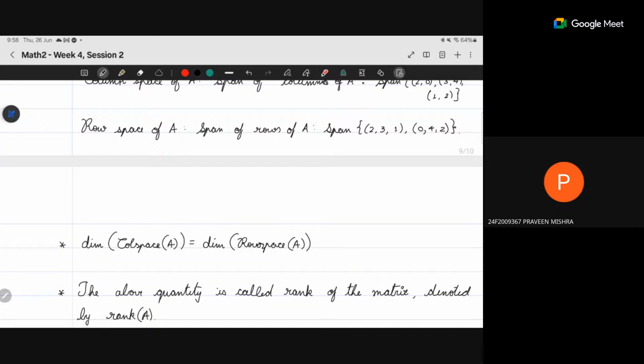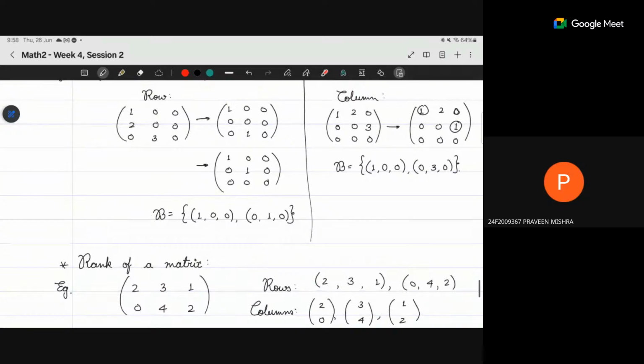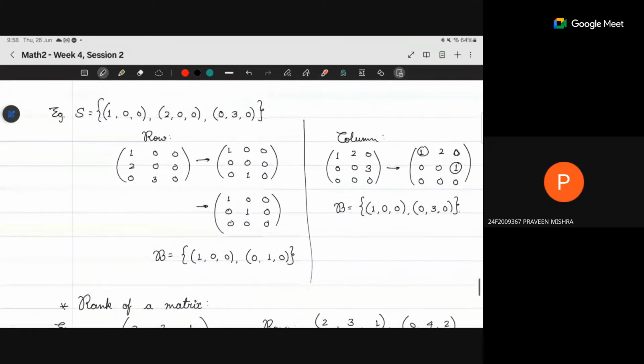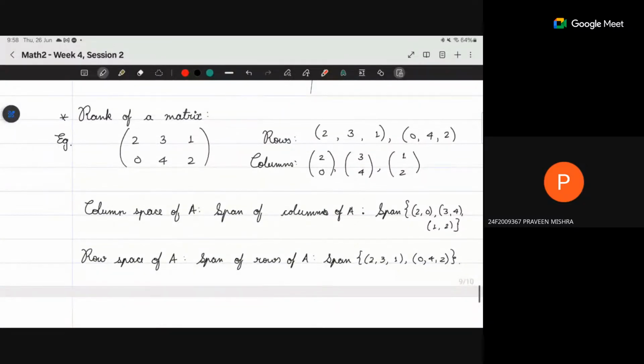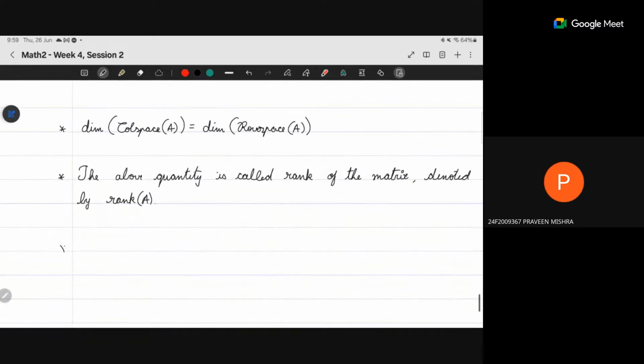Now, how to compute rank? It's the same as what you have already done before. Over here, you will not really have vectors that need to be arranged. You already have a matrix given to you. To compute rank, reduce the matrix to REF.